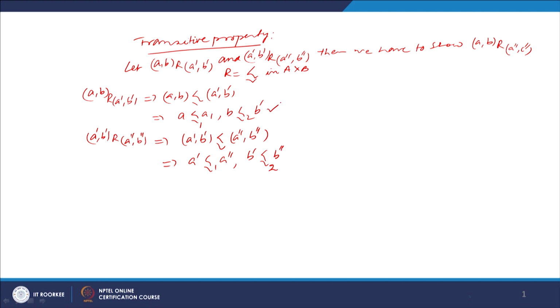Now, let us consider this one and this one. So, A precedes A' and A' precedes A'' implies that A precedes A'', okay, because A is partially ordered, this is a poset.